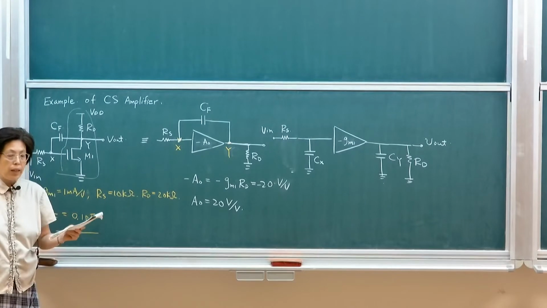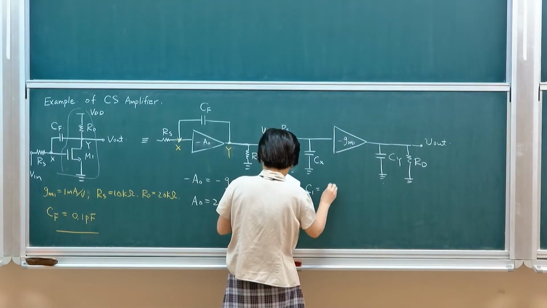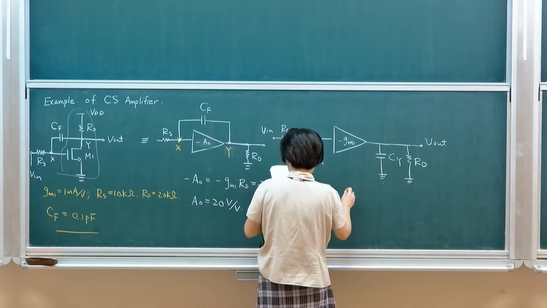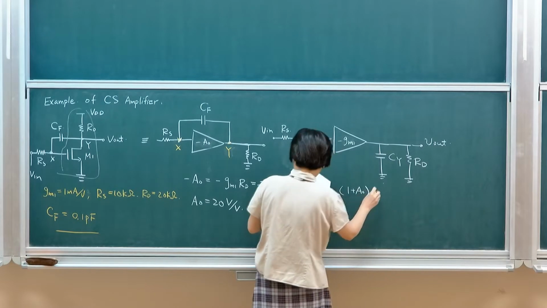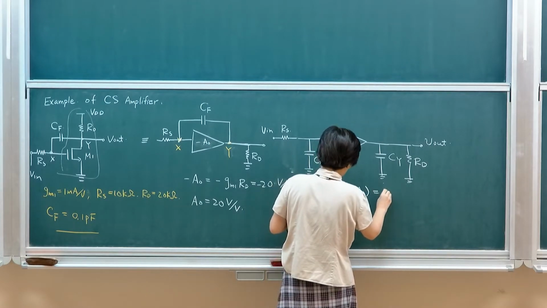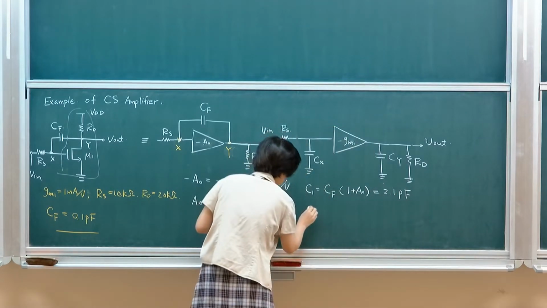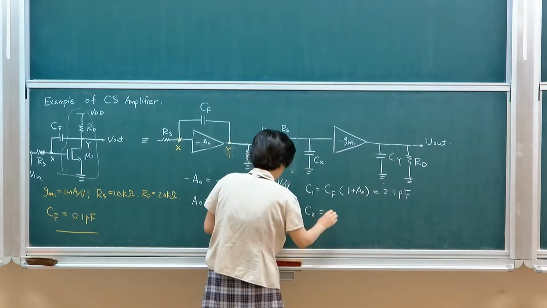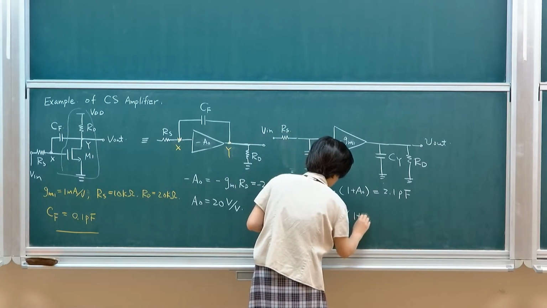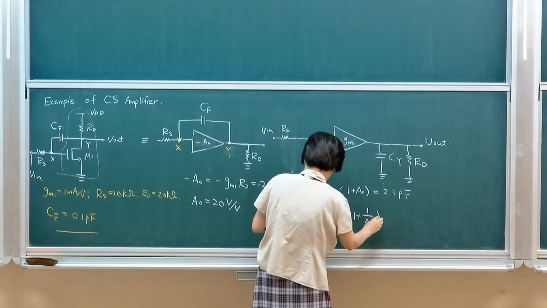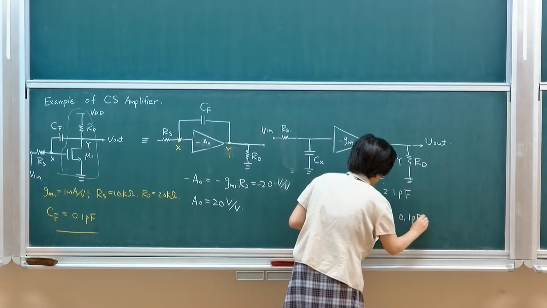So if you do this, we want to first find out C1 and C2. So C1 will be CF times 1 plus A0. This will give me 2.1 picofarad. And C2 will be CF times 1 plus 1 over A0. This will be approximately 0.1 picofarad.